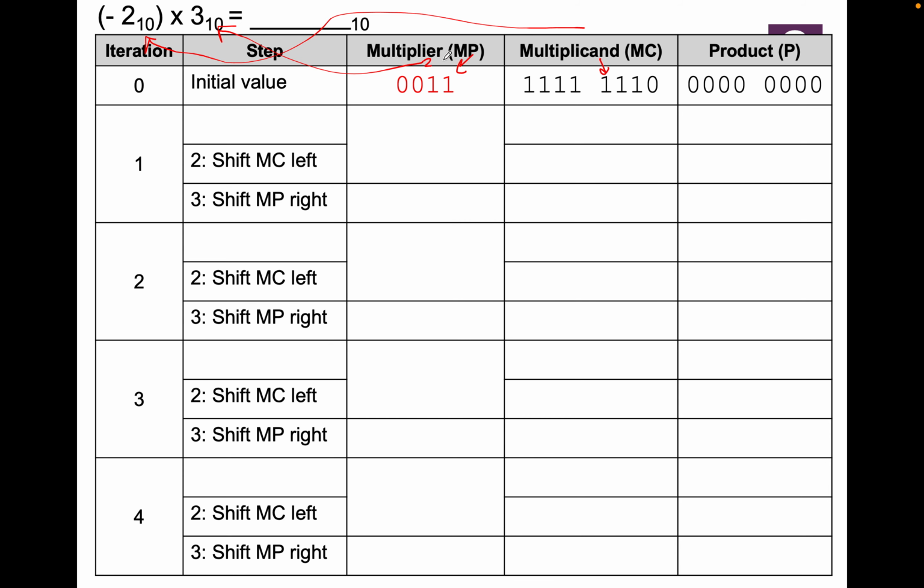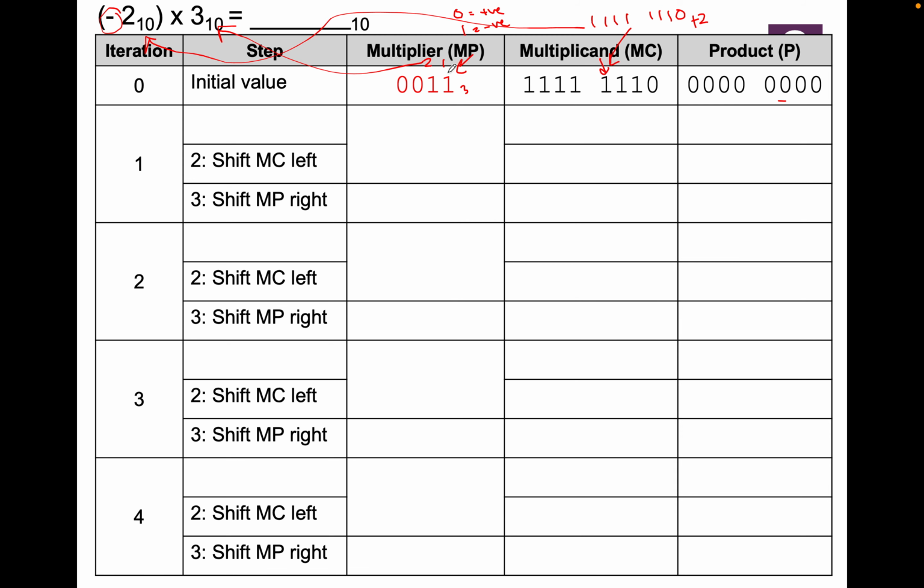This is 2, this is 1, you will get 3 as a decimal. But for a negative number, you will apply the negative value 0, 1. This is 2, positive 2. But because it is a negative number, you need to put all 1. As you remember, 0 is represented as positive, 1 equals negative. That's why you get it like this for your MC. And this is your product.